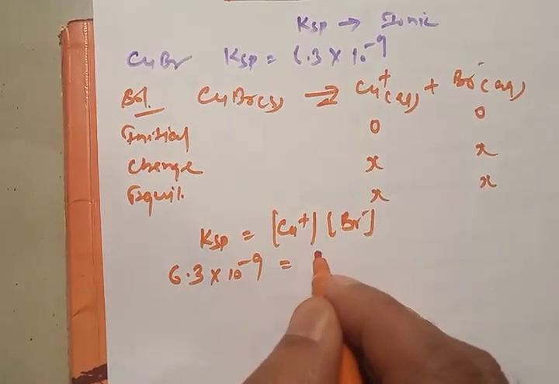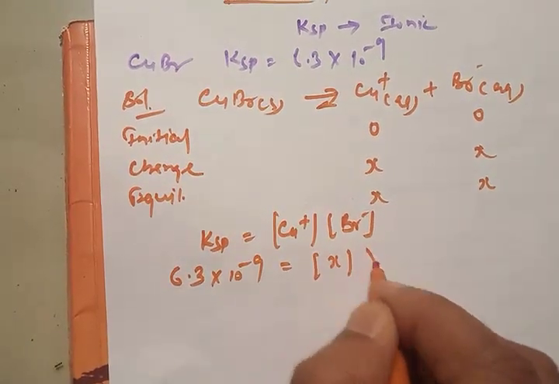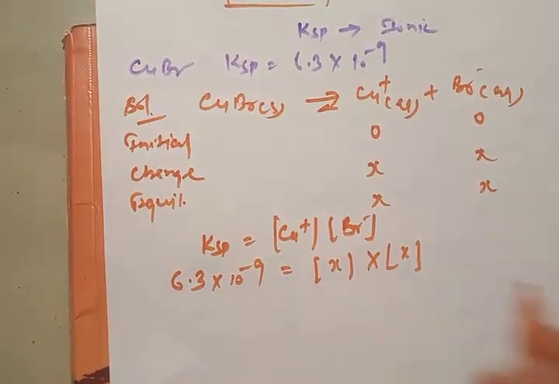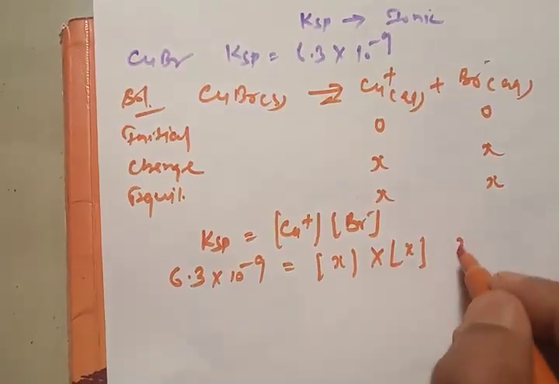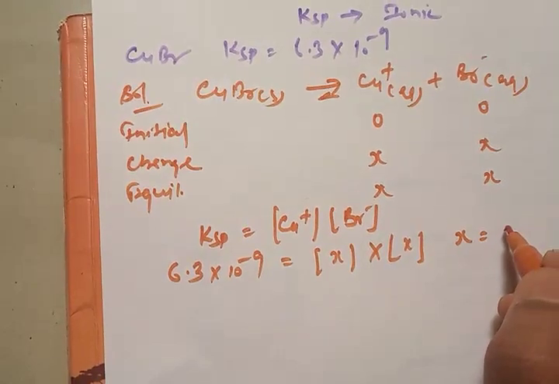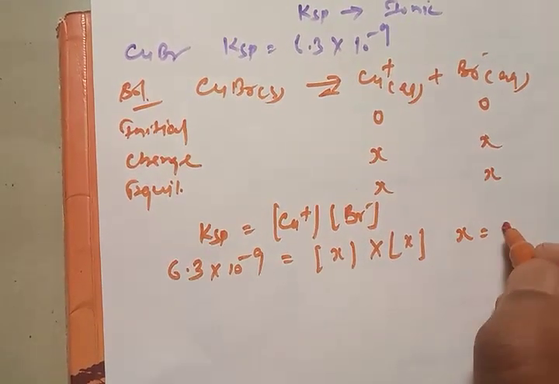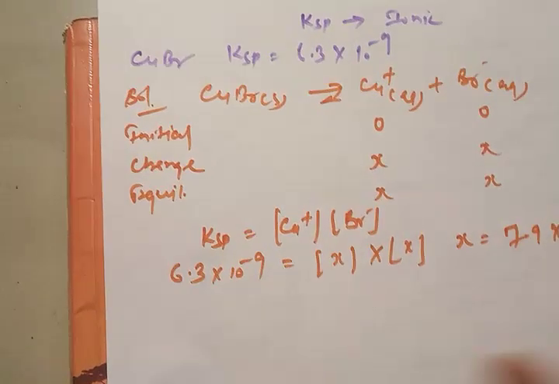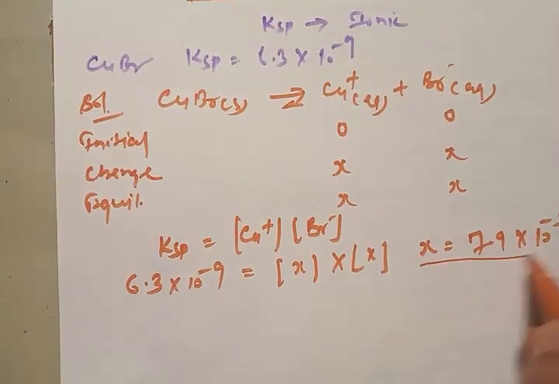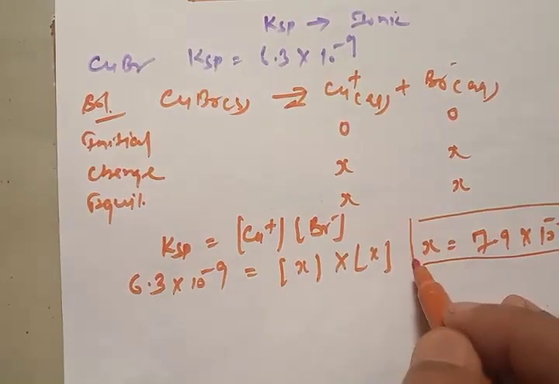We don't know the ions, so this is x and this is x also, so this is x squared. Finally, the value of x will be 7.9 × 10^-3, which you can easily calculate. So this is how you can calculate the value of each ion.